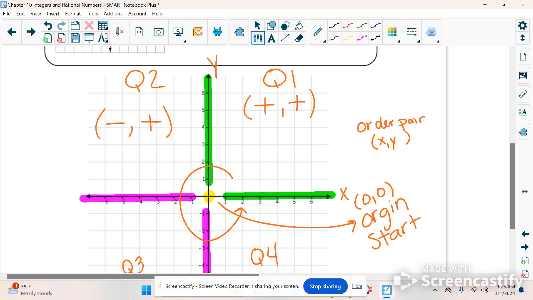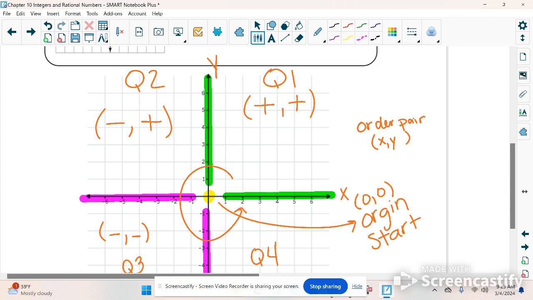Okay? In the third quadrant, is it positive, negative, or a mix? Negative X, negative Y. Pink and pink, right? So it's negative, negative. The next one is a mixture. It's positive first, and then negative.